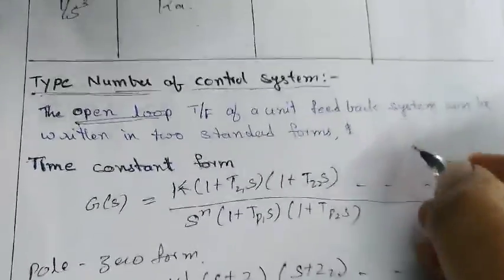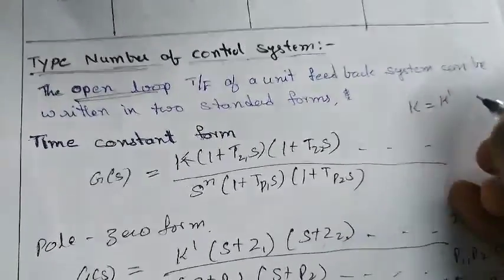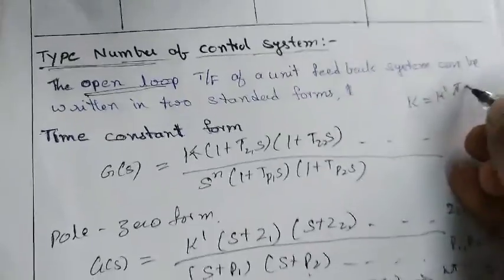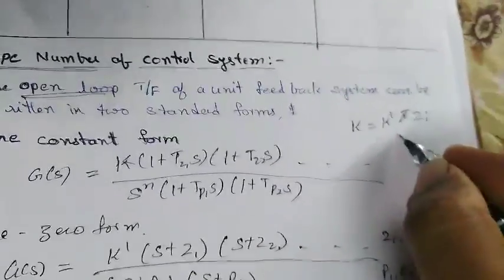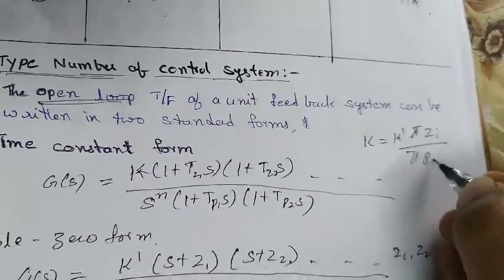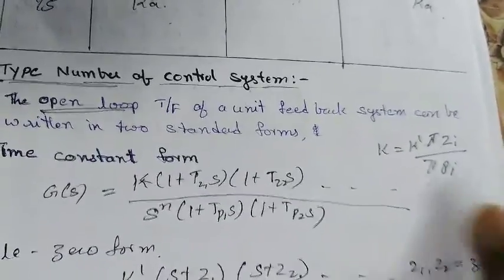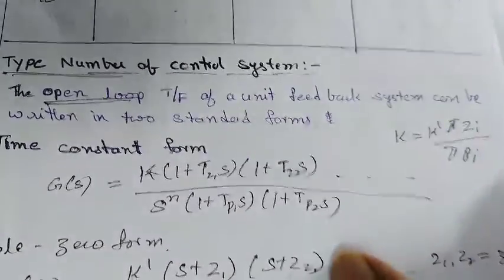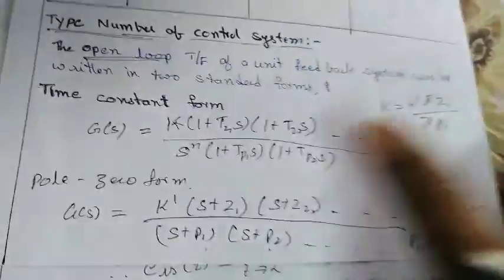So I can write K as K dash into the product of zeros divided by the product of all poles. These two forms are important.